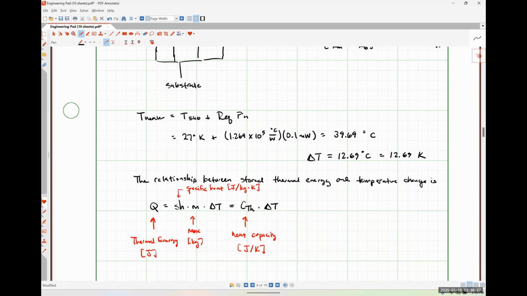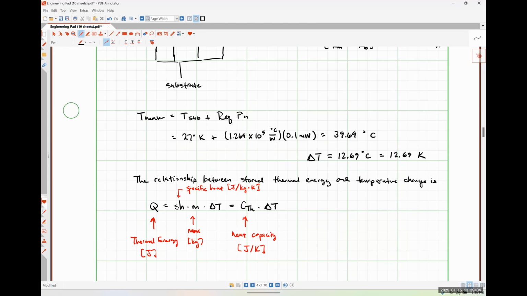So capital Q is our thermal energy, right? We've been using lowercase q to talk about charge, right? So if we relate those two quantities to each other analogously, treating thermal energy as if it were charge and delta T as if it were a voltage, then that heat capacity is effectively playing the role of capacitance in that analogous electrical system.